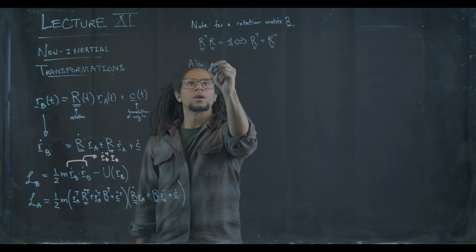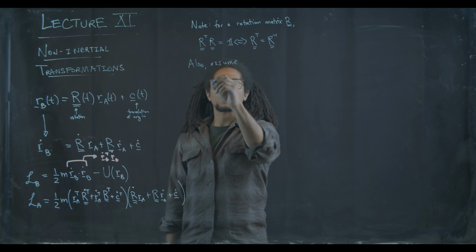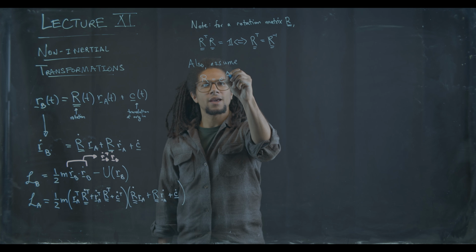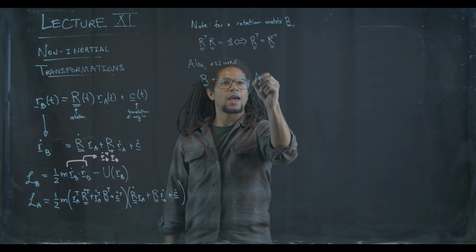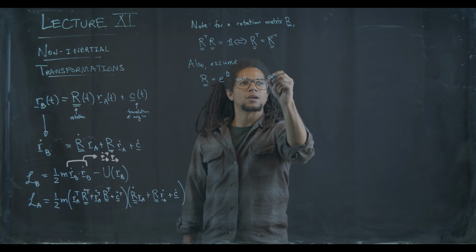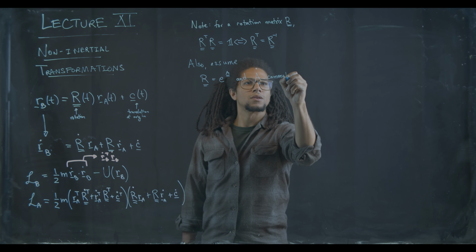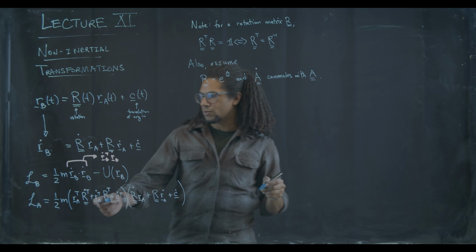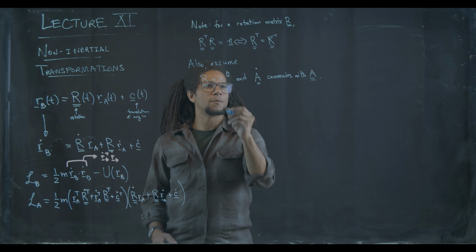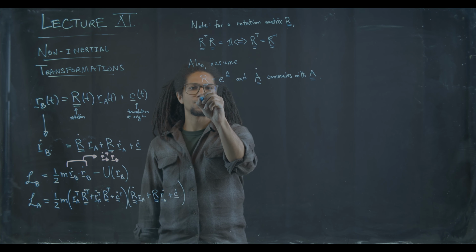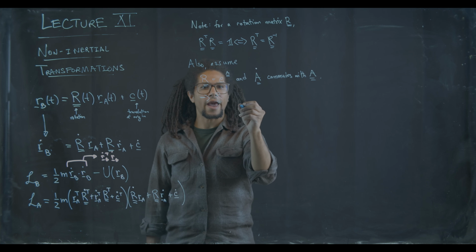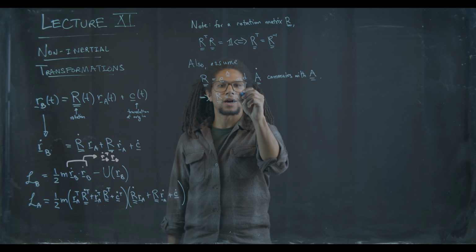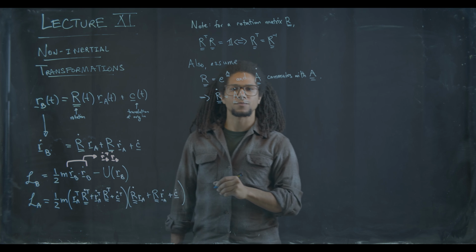Also, assume that R is equal to e to the A, and A dot commutes with A. This is important because now when I take the time derivative of R, as before, I get A dot times R. Great.